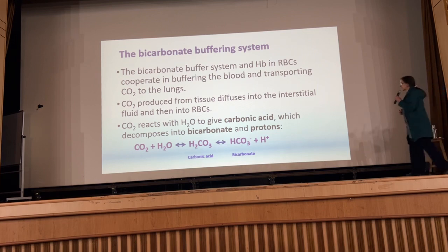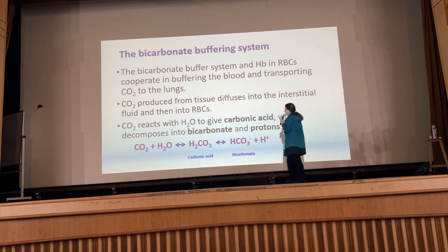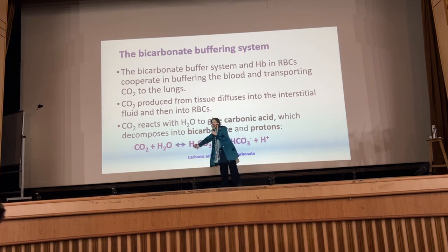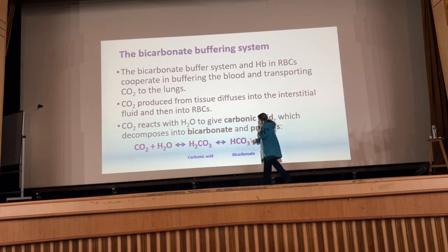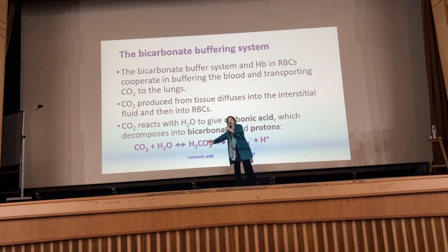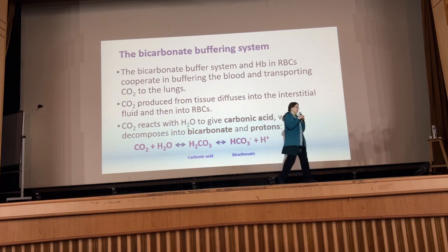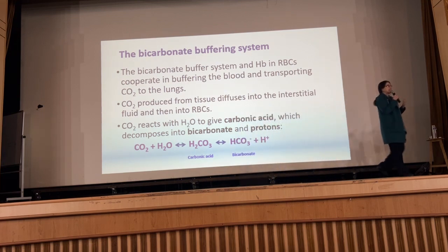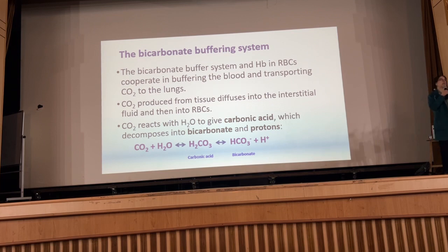Some molecules of a weak acid will remain in this form, and some molecules will lose an H plus and remain in the ionic form. Between those two forms of the weak acid, there is a balance, and that is why they can work as buffers.